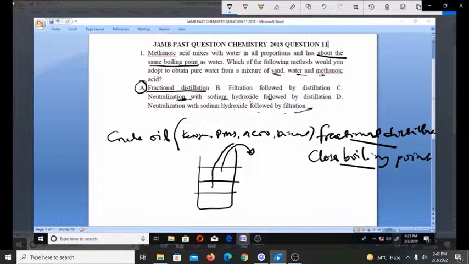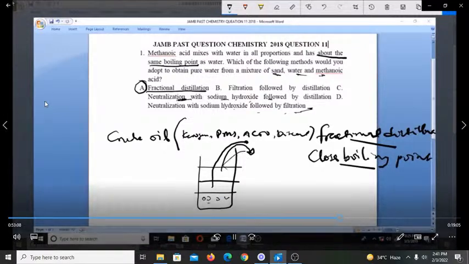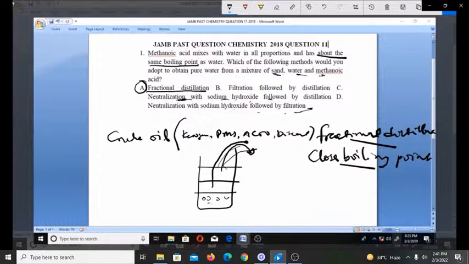Then the next one, which is water, goes out if it is having lesser boiling point. Then you have your sand remaining. So when the first one goes out, it is collected. When the second one is going out, it is collected differently too. Then you have your sand left. So the best way is to use fractional distillation. Thank you.